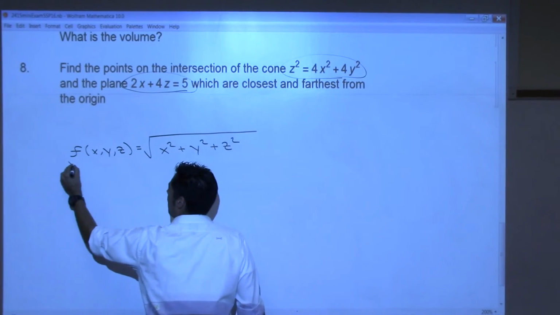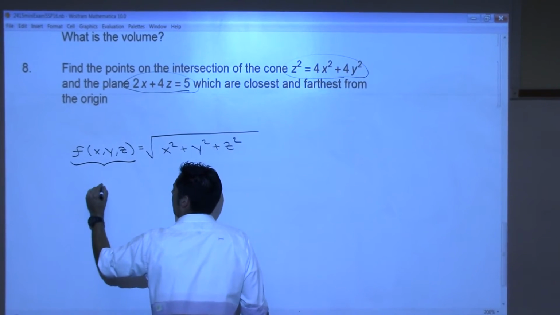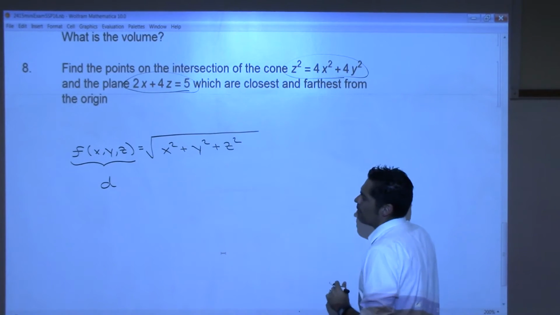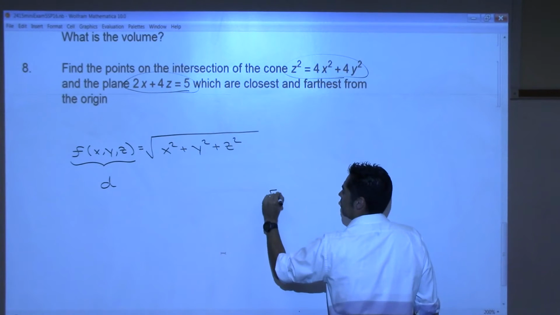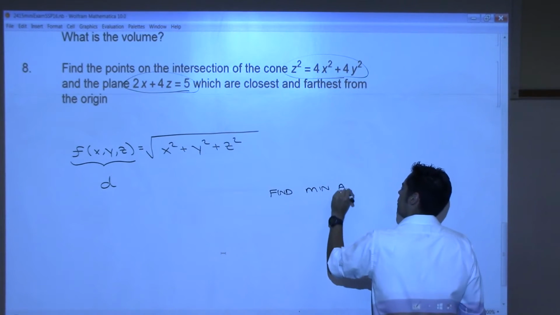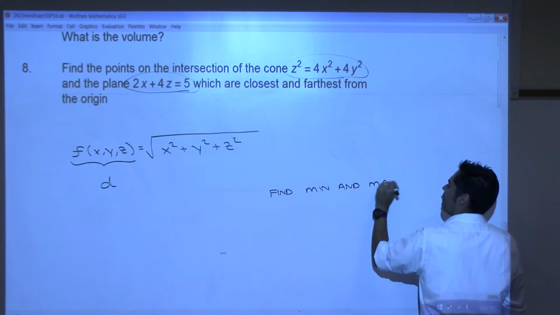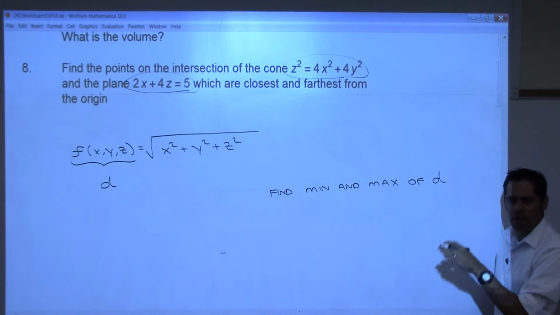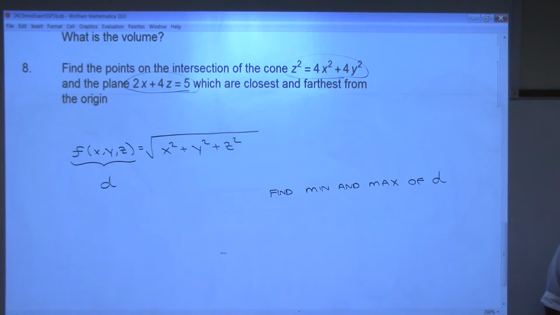If we call this right here d, for distance, that's what it was. We are trying to find the minimum and the maximum of d, right? That's what we're trying to figure out, the x, the y, and the z that will give you a minimum and maximum of that distance function constrained to those 2 curves.